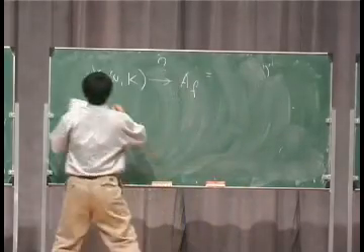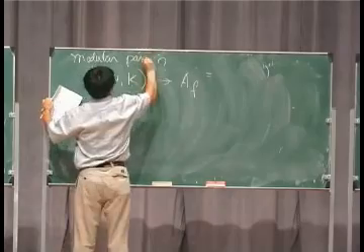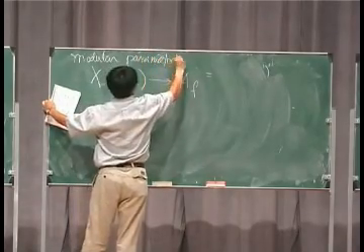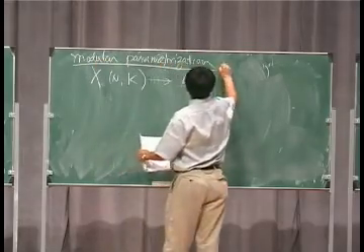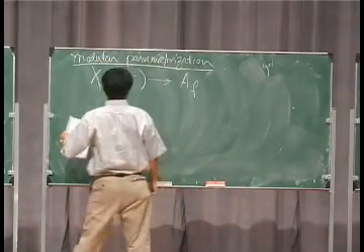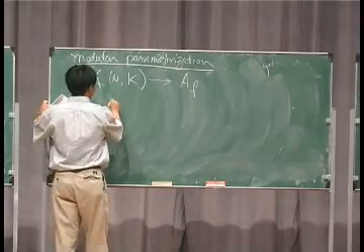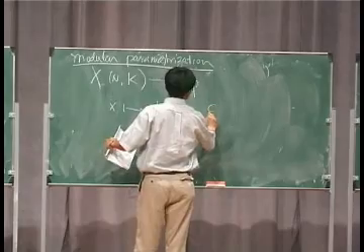The modular parameterization is given by the following: it takes x to the class of x minus K_c.